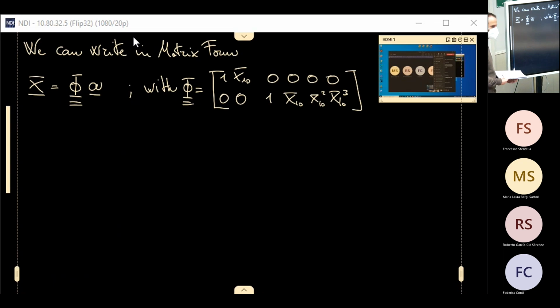But this is some slightly different thing, and we will see that it will have big impacts on the following formulation.